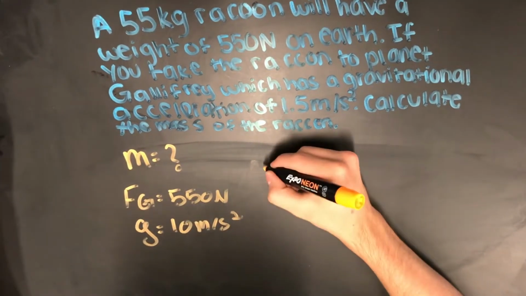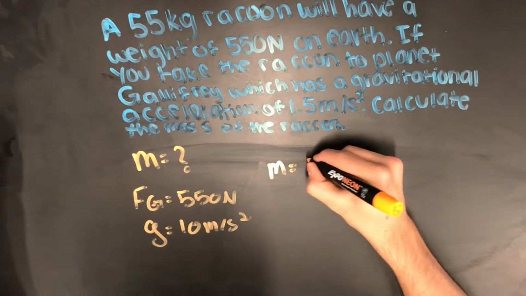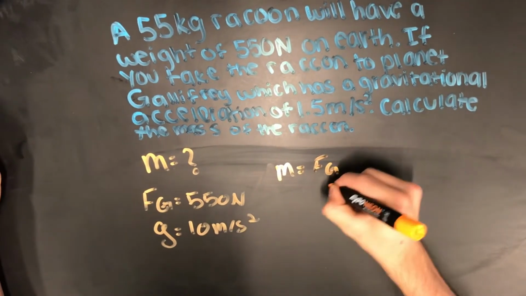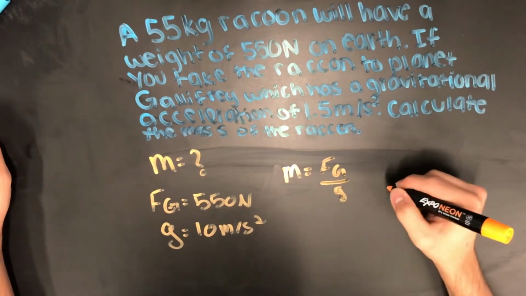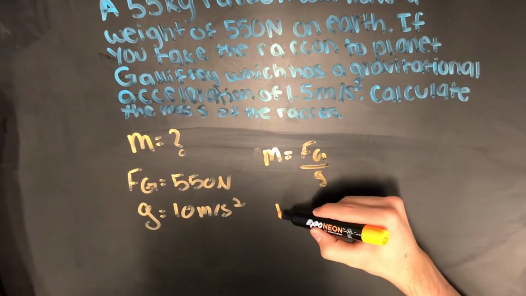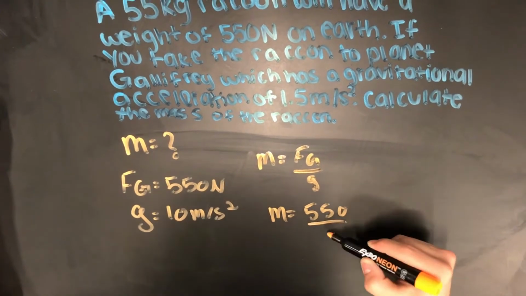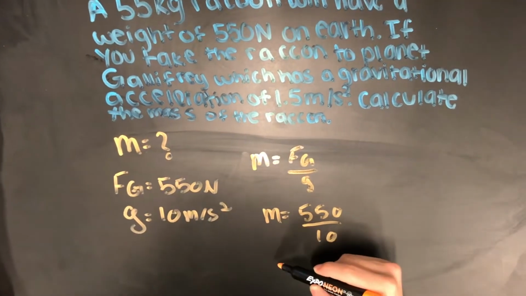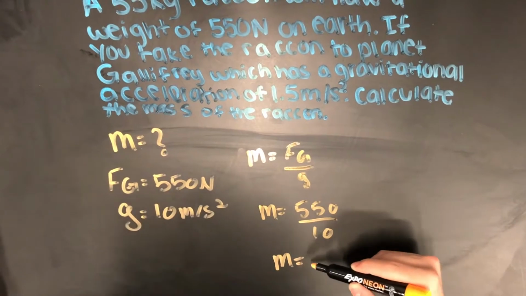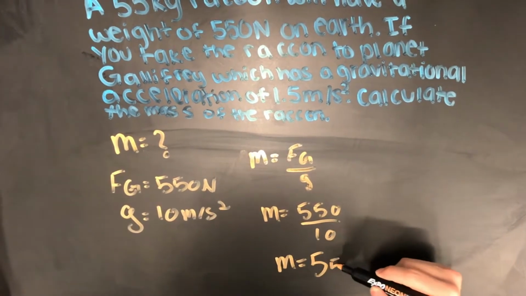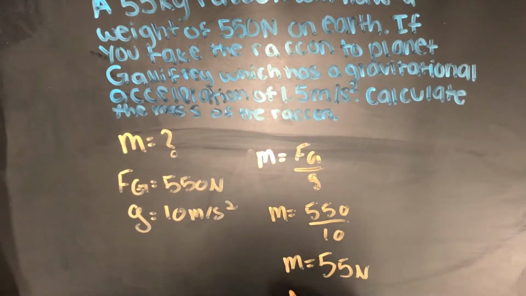So for the equation, we'll be using m equals Fg over g. With the substitution, that turns into m equals 550 over 10. And so then the answer is mass equals 55 kilograms.